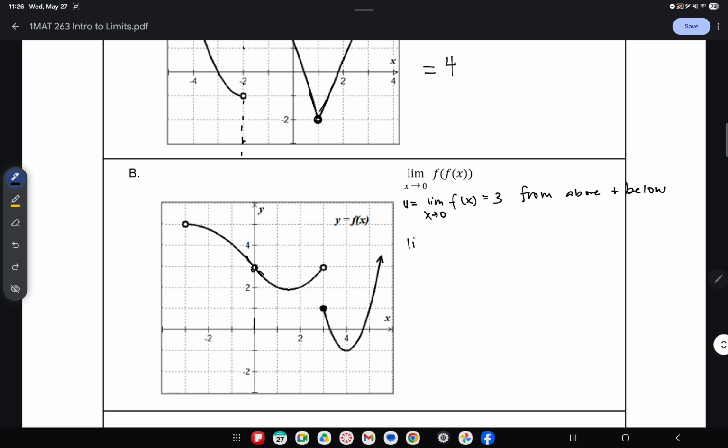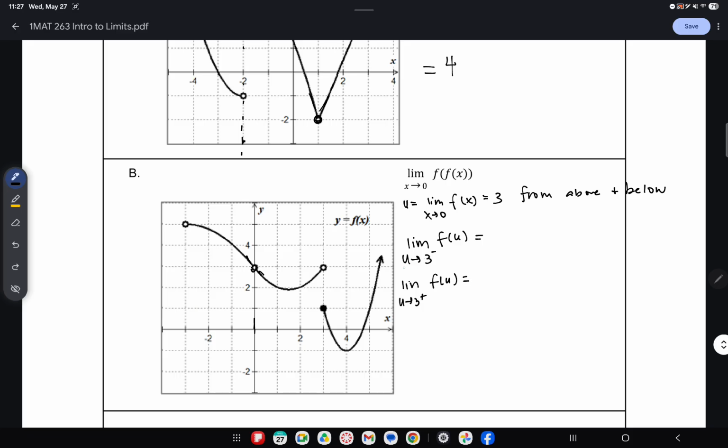So we want to check the limit, again, I'm going with x, as u goes to 3 from the left and the right. We want to check both directions because we are approaching from above and below.